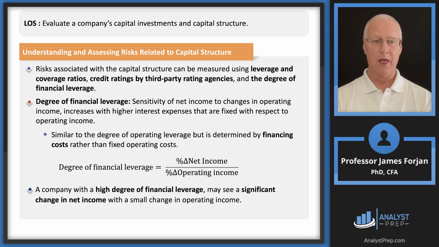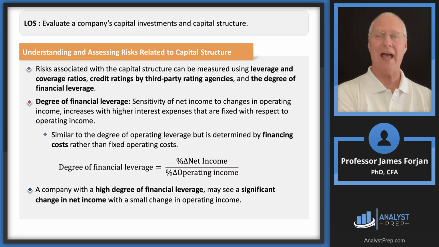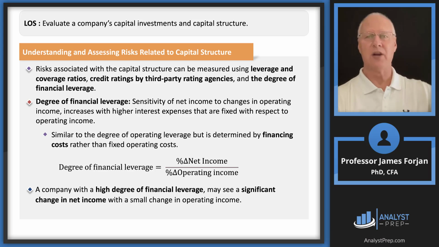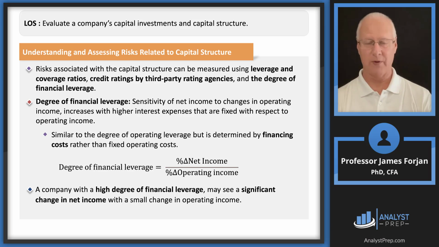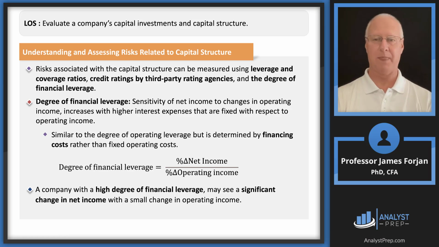And so what we want to do is let's take Milton Hershey. Milton Hershey wants to issue a bond in the amount of 100, right? Invest in a new chocolate machine and have that new chocolate machine generate $1 million in sales, right? But what we're doing with degree of financial leverage is the exact same thing as degree of operating leverage. We're just farther down on the income statement.